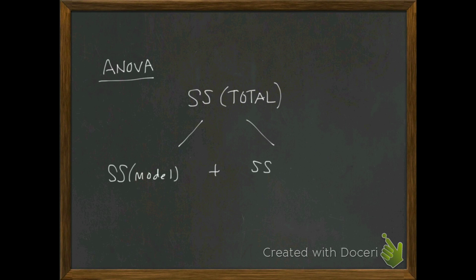Now, bring in ANCOVA. And this is what happens. We have our sum of squares total, which is still the sum of squares for our model, plus the sum of squares for the error.